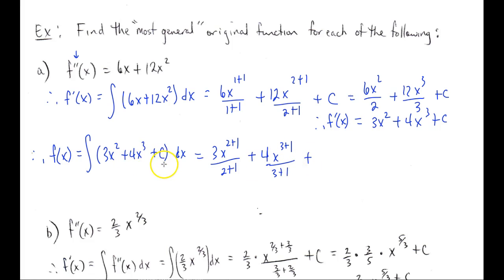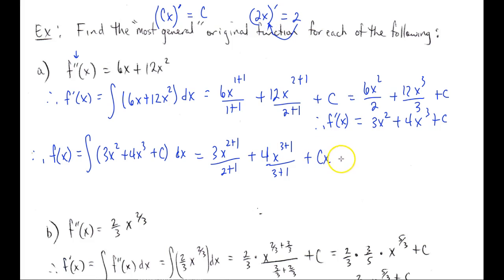And whenever we take the antiderivative of a constant, that's just going to be that constant times x. Because if we took a constant times x and took the derivative of it, we would just get that constant. Like the derivative of 2x is just 2. So if we go backwards and ask what is the antiderivative of 2, it'll just be 2x. So that's why we have the c times x here.